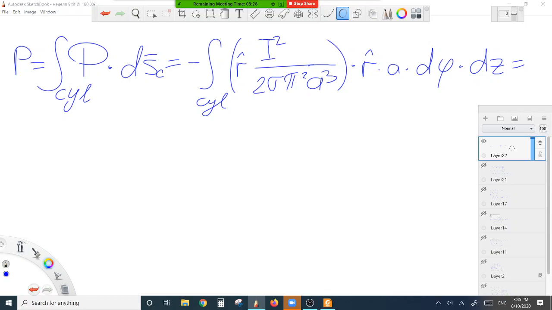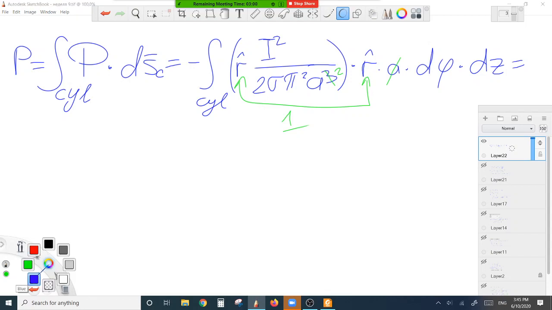So what do we get? r multiplied by r gives 1. One a simplifies, and remains only a squared.